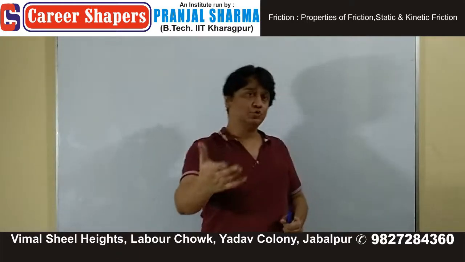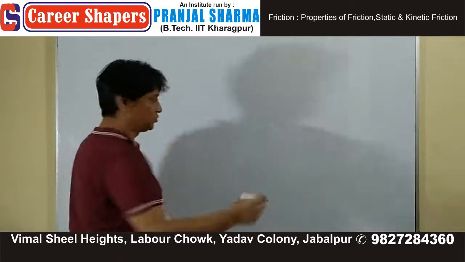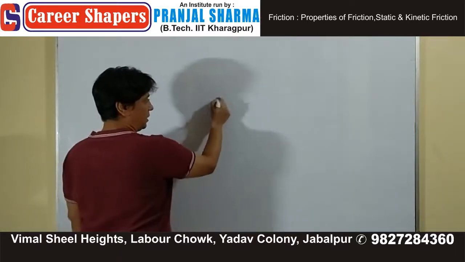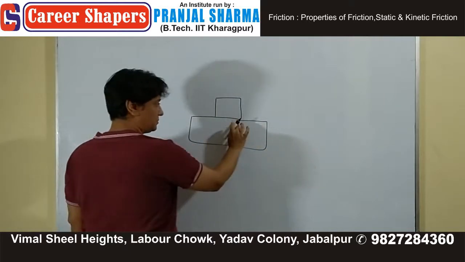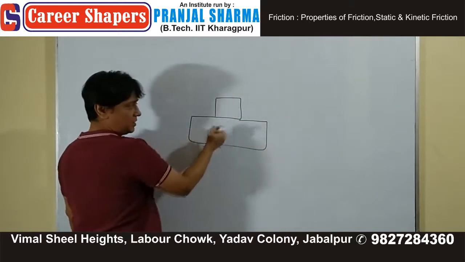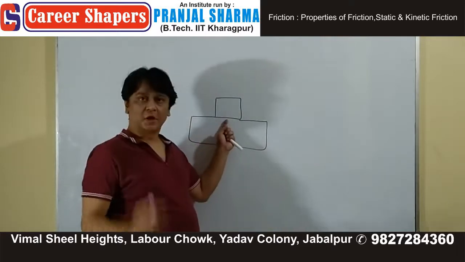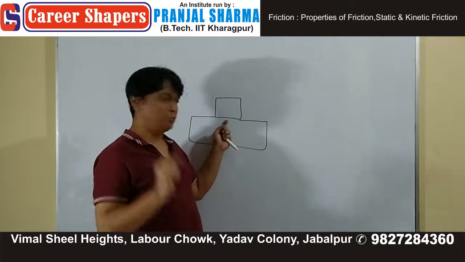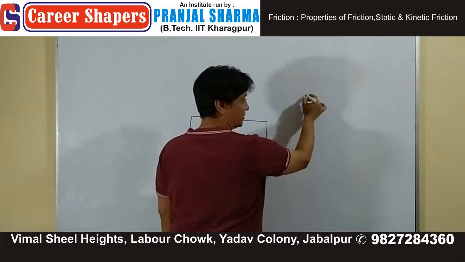So two ultra smooth surfaces means what? In a normal situation, when you place two bodies like this, at the contact face, if you use a super powerful microscope, then you will see something like this.